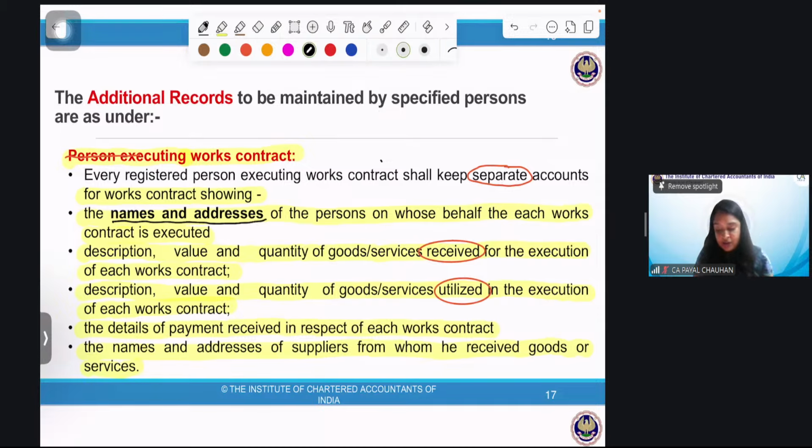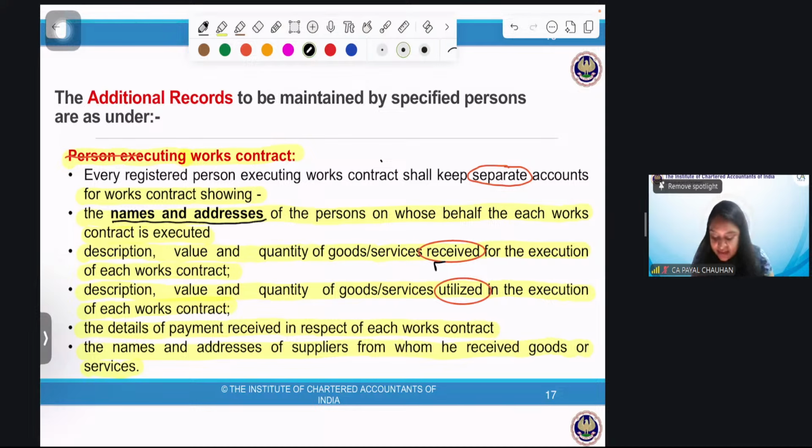I would have received goods on their behalf, so I should have details about that also. I would have utilized some goods in the execution of job work, for example, the buttons, the zip, such kinds of things. And the detail of payment: I won't do it for free, I'll be charging an amount for it. The detail of payment received and the name and address of the supplier.